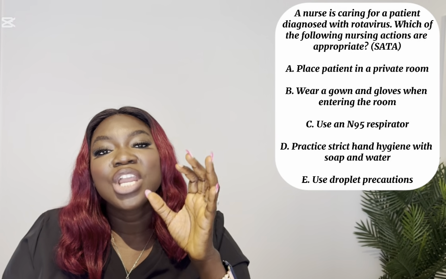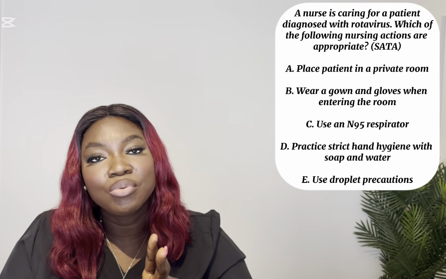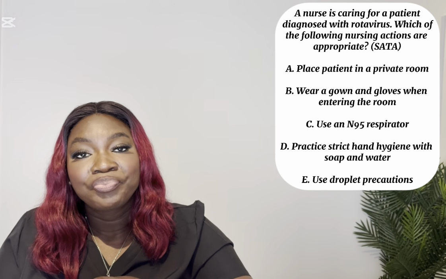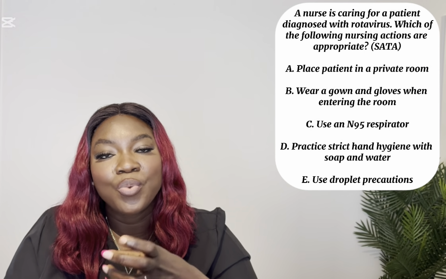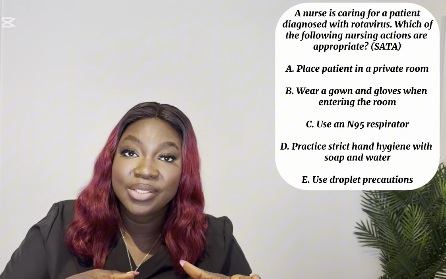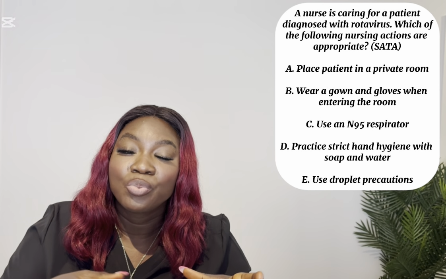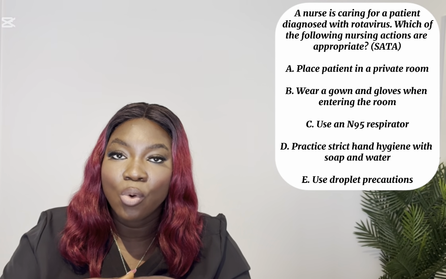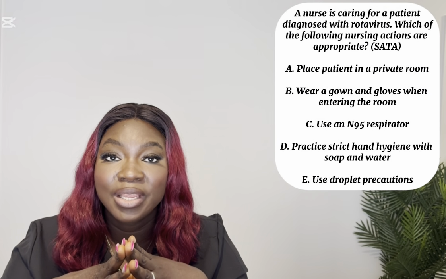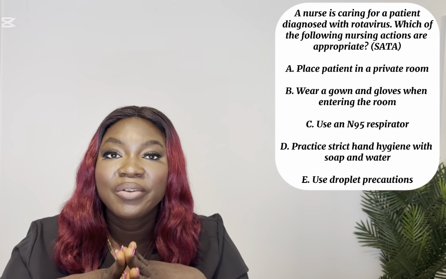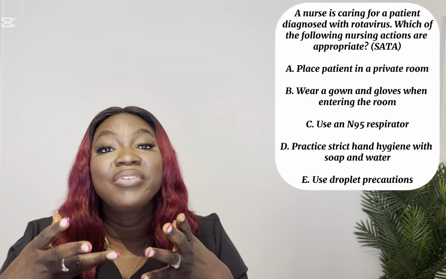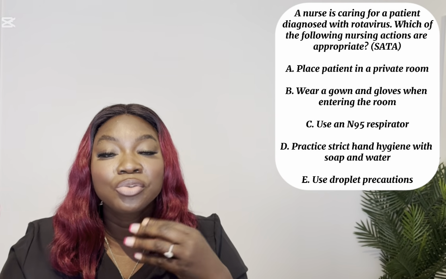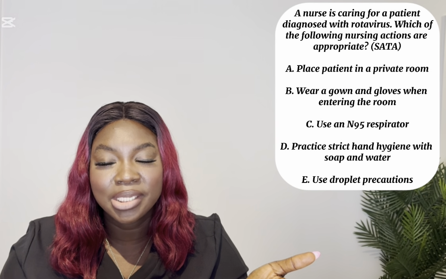Okay, they have same infection. That's why you can cohort them. But if a private room is available, please put them in a private room, because private room reduces cross-contamination to other patients. Does that make sense?